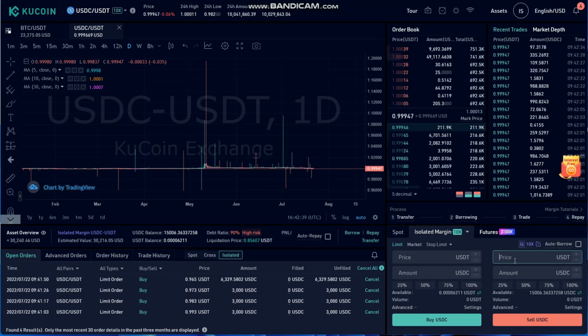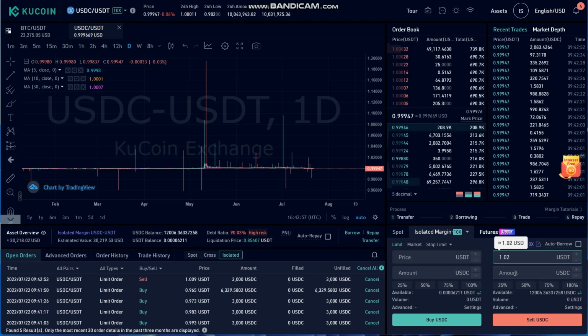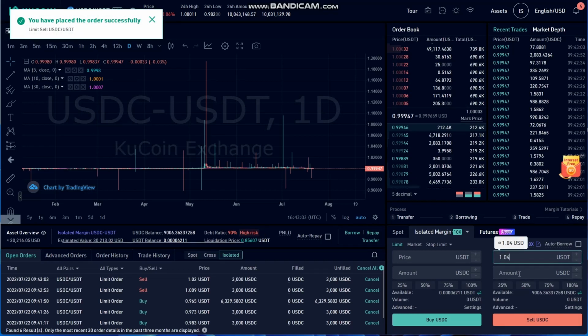So let's do 1.009. So slightly above 1%. And the same thing, is it 3,000? 1.02, so about 2%. 3,000. 1.04. 3,000.